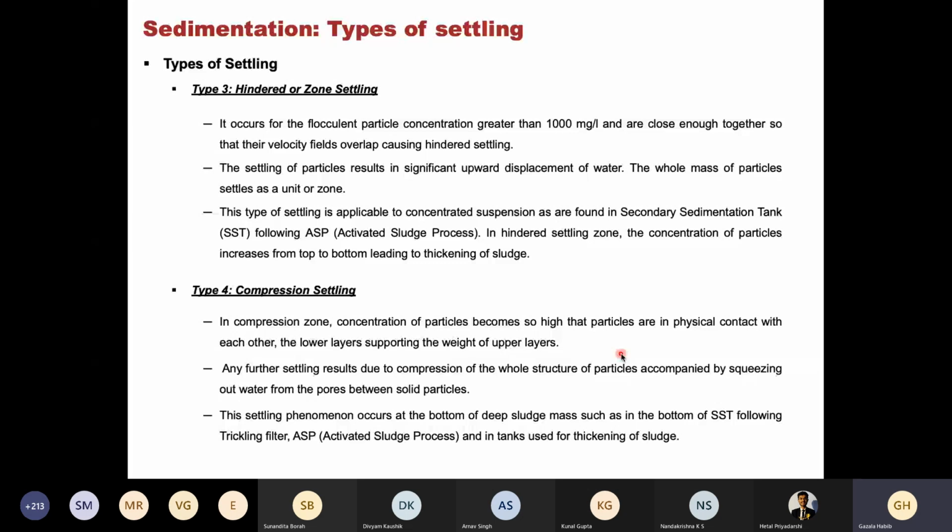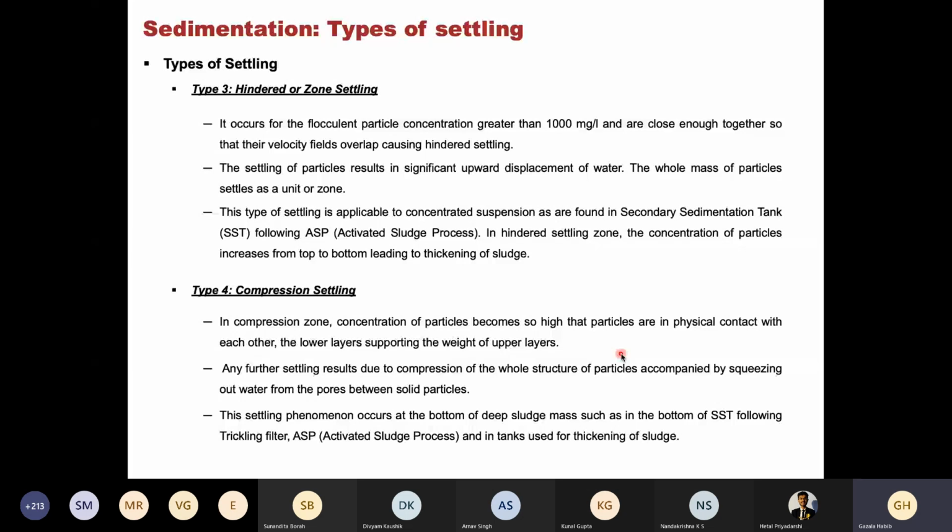This type of settling is applicable to concentrated suspensions, as found in secondary sedimentation tanks following ASP. ASP is the activated sludge process. So as I said, in the activated sludge process, the raw sewage, meaning wastewater, is mixed with a fraction of sludge from the secondary settling tank, which has enough bacteria to provide the bacterial growth in the activated sludge tank.